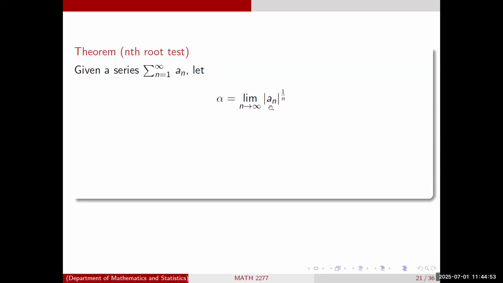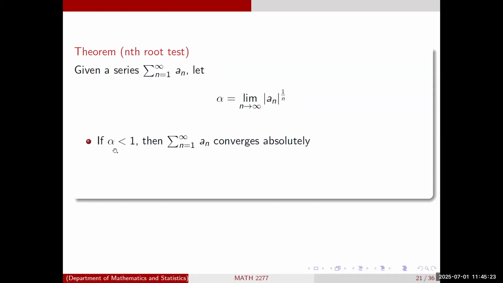Okay, so in general, depending upon what the terms here are, the a_n, this limit may not be so easy to compute, because whatever term you get for a_n, after you take the modulus of it, you need to raise it to the power of 1 over n and take the limit as n goes to infinity, right? So that might be a difficult limit to evaluate.